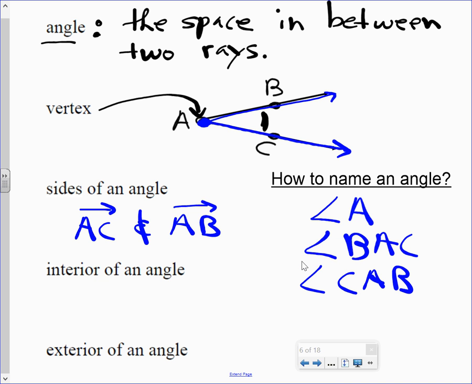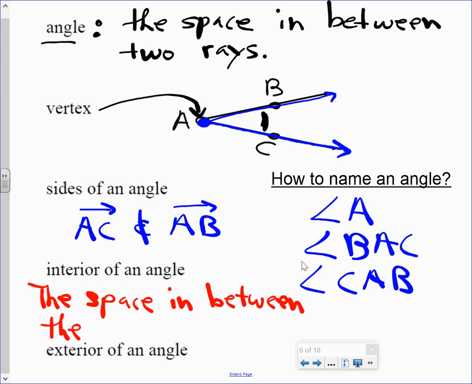Here we go. The interior of the angle is the space in between the two rays. The space in between the two rays.